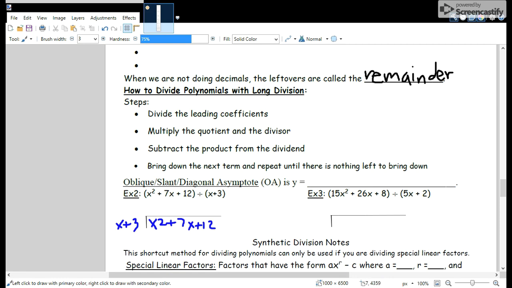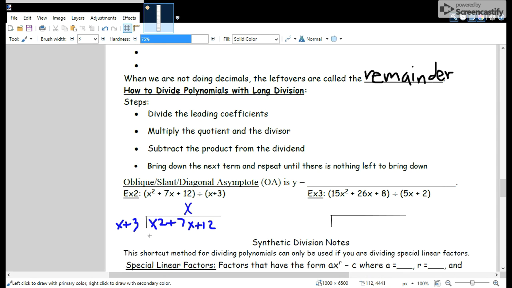Okay, the first step, you divide the leading coefficients. So x squared divided by x would be x. We put that on top right here. 1x. Multiply the quotient and the divisor together.